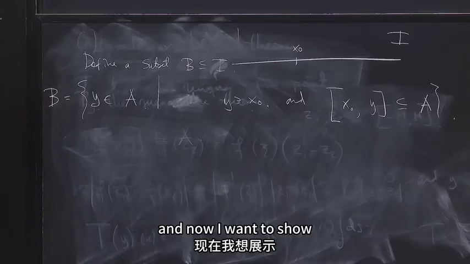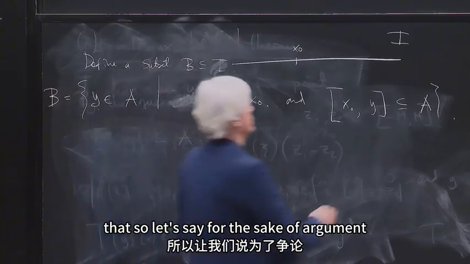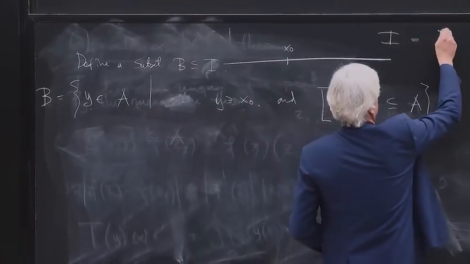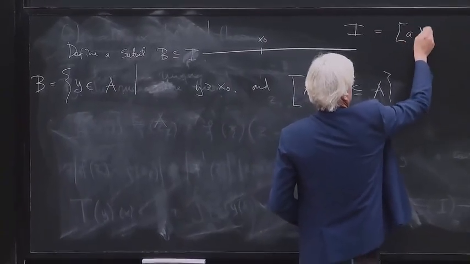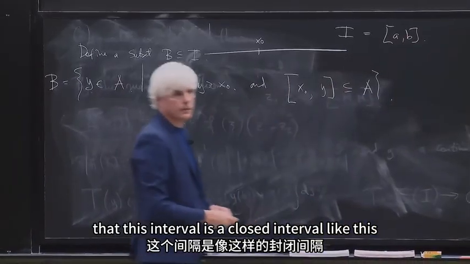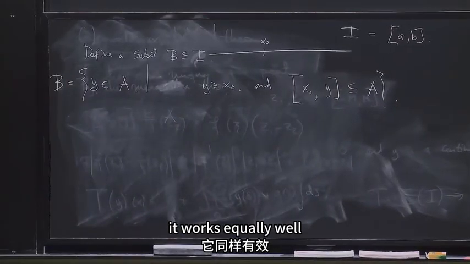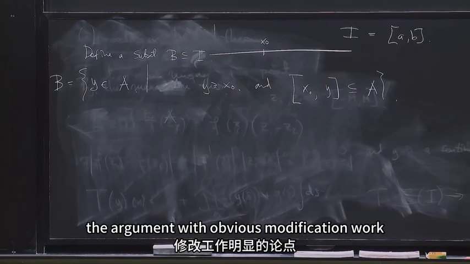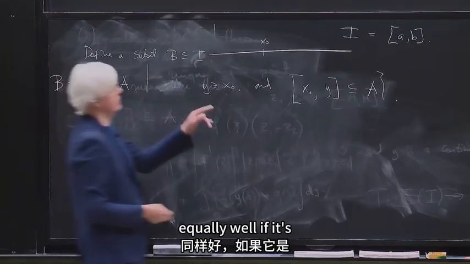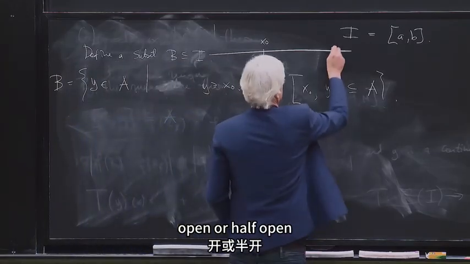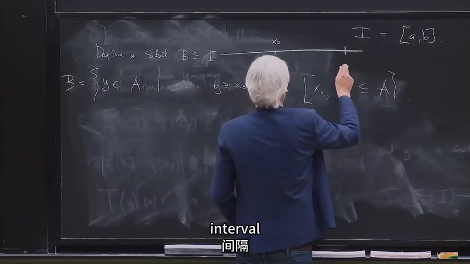And now I want to show that, so let's say for the sake of argument, let me assume that this interval is a closed interval like this. It works equally well. The argument with obvious modification works equally well if it's open or half open interval.